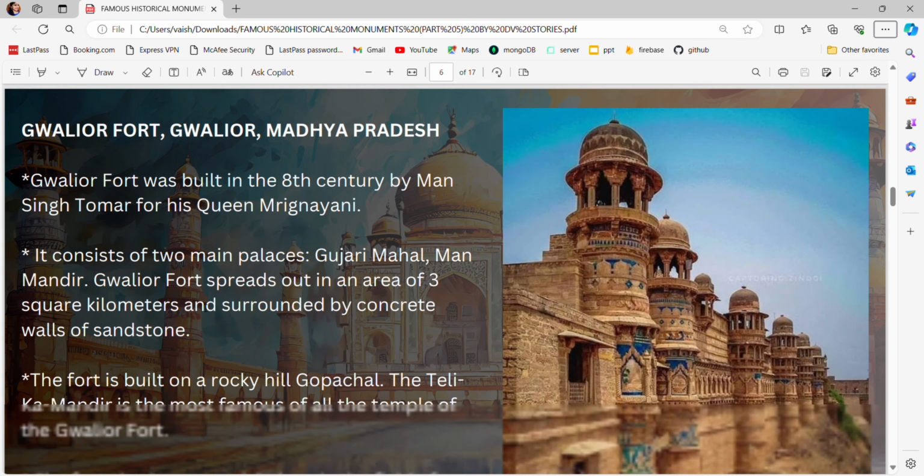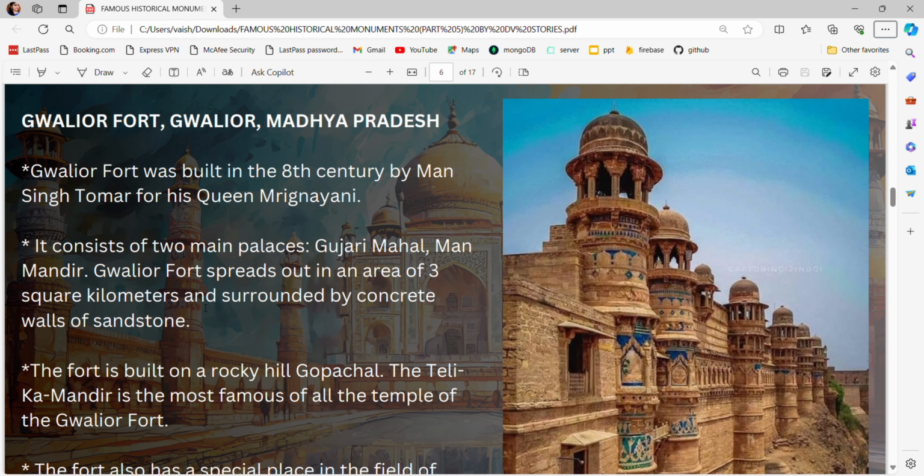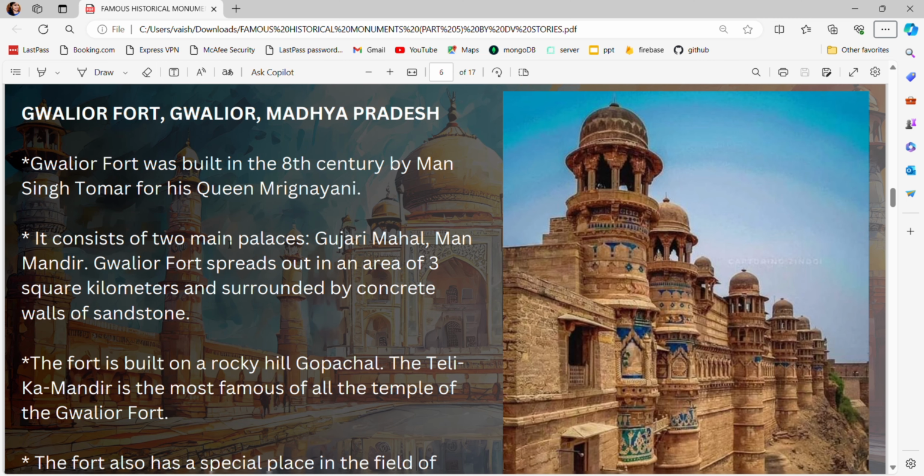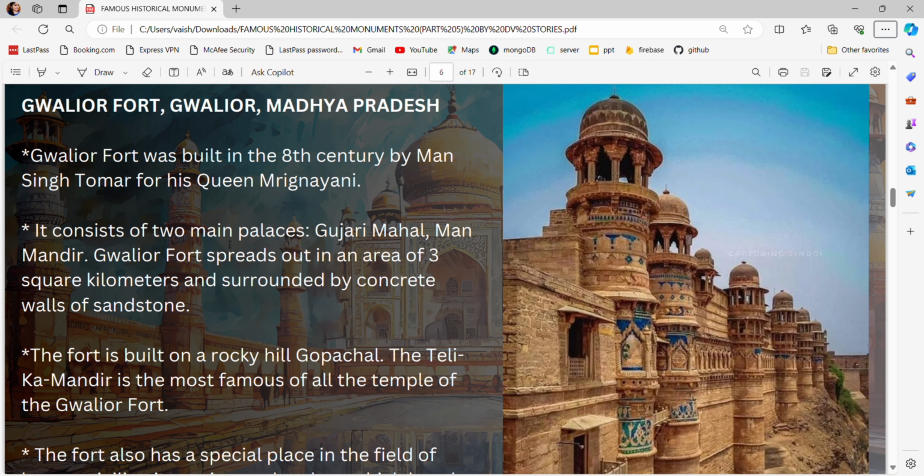And next, Gwalior Fort, located in Gwalior, Madhya Pradesh. It was built in the 8th century by Man Singh Tomar for his queen Mrignayani, and it consists of 2 main palaces, Gujari Mahal and Man Mandir.